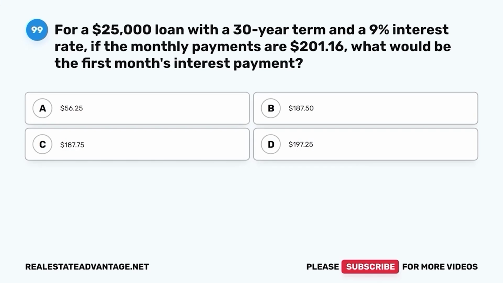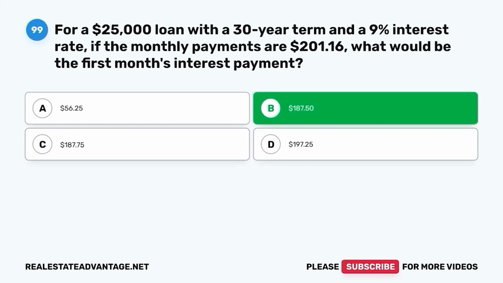Question 99. For a $25,000 loan with a 30-year term and a 9% interest rate, if the monthly payments are $201.16, what would be the first month's interest payment? A. $56.25, B. $187.50, C. $187.75, D. $197.25.